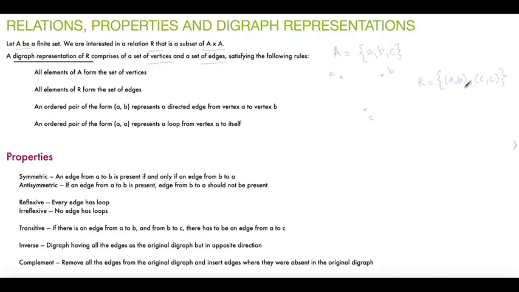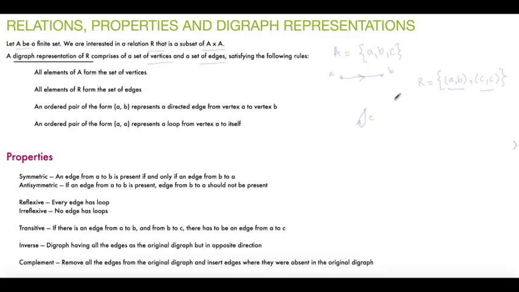So this ordered pair is represented by this edge, A to B, first element to second element. And this ordered pair, (C, C), is represented by this loop. Okay, so this is a small definition of the digraph representation.